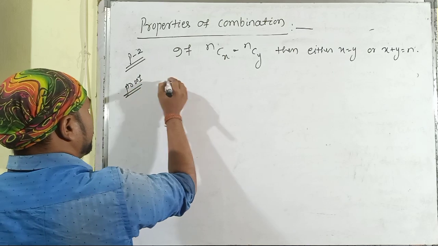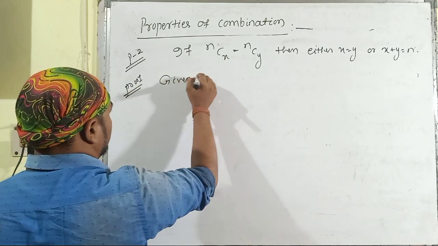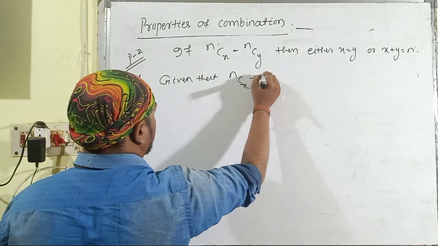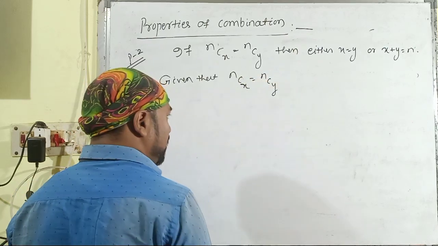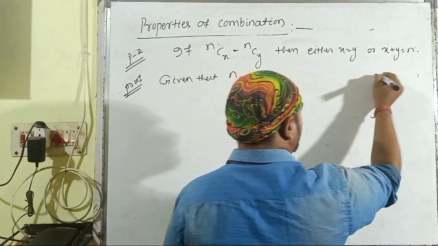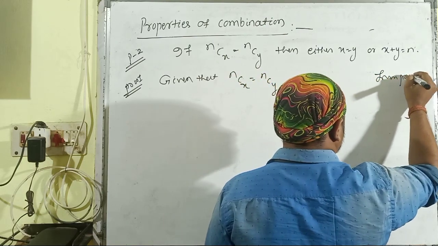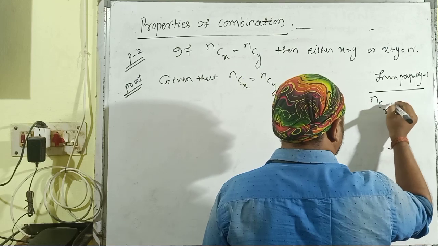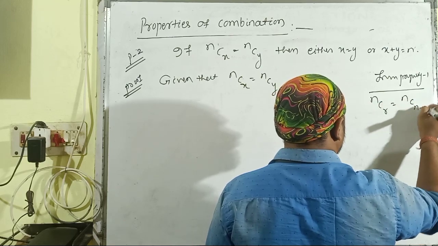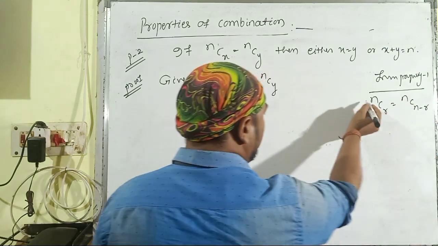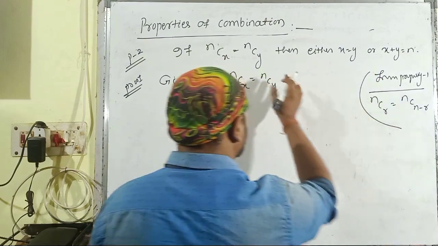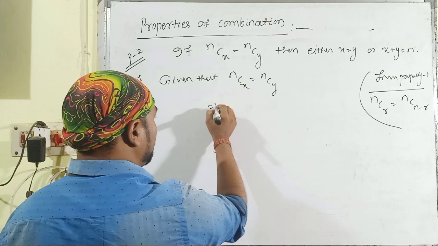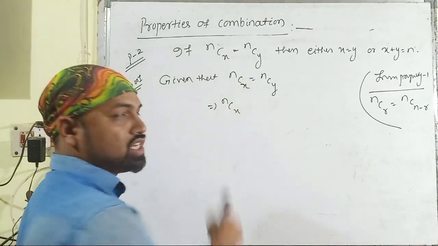Given that nCx is equal to nCy, but from property 1 we know that nCr is equal to nC(n minus r). So by applying this property number 1 in the second part, that means in terms of nCy, nCx is unchanged here.